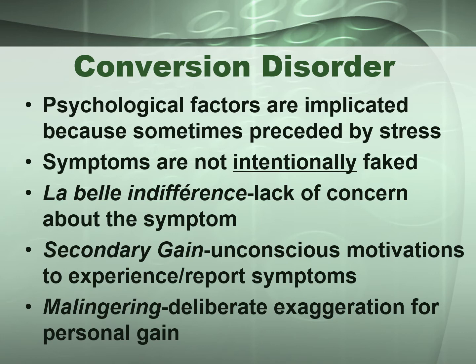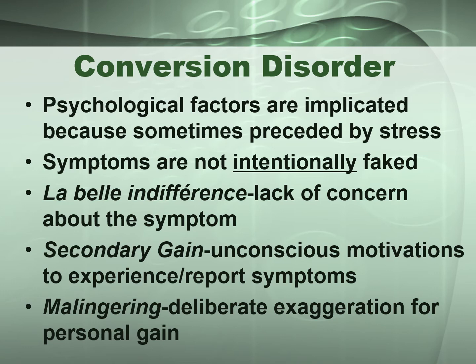We'd also want to differentiate between conversion disorder and some kind of secondary gain. And again, secondary gain refers to there being unconscious motivations for someone to experience the symptom or to report the symptom. And this can be common in many of these disorders as well as many other disorders. Some examples might be that, if you're having this symptom, well, you can't go to work, you get time off, or you're getting lots of sympathy from other people.